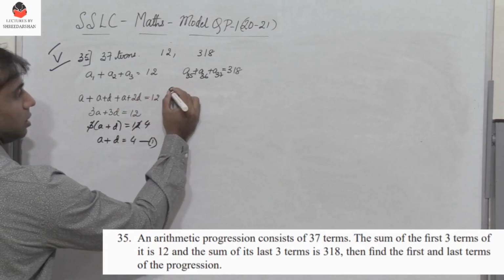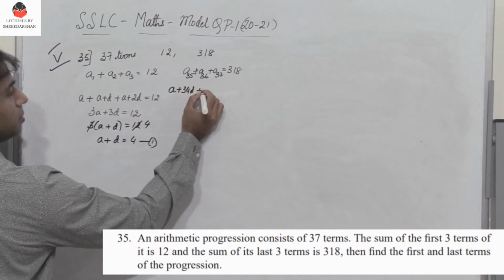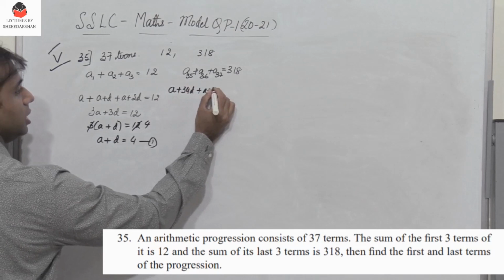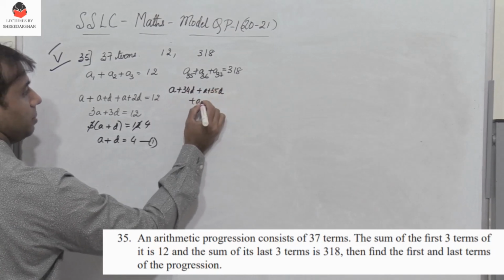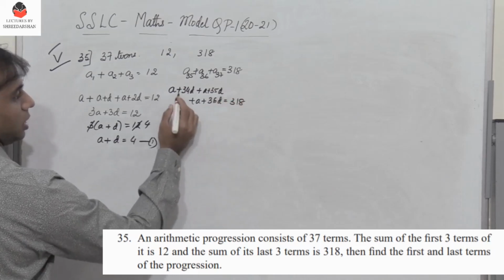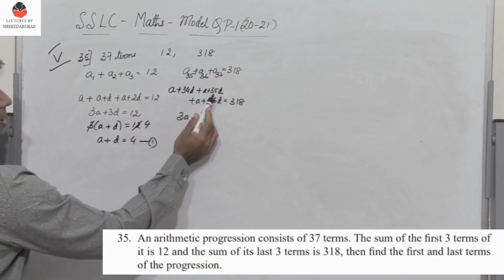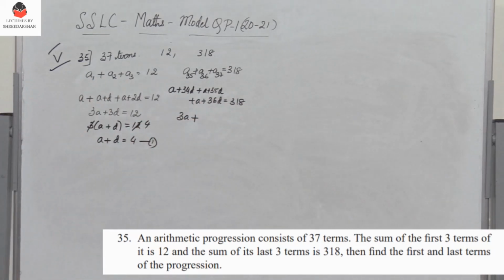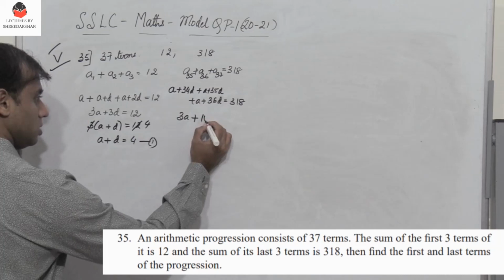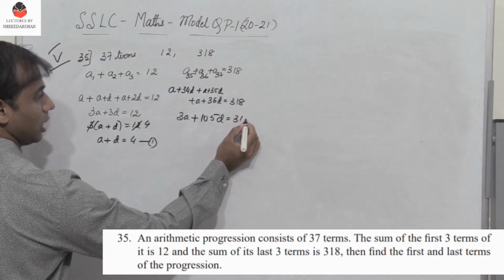Now here a35 is a plus 34d, plus a plus 35d, plus a plus 36d, equals 318. So I have again 3a plus 34 plus 35 plus 36, so I get 105d equals 318.